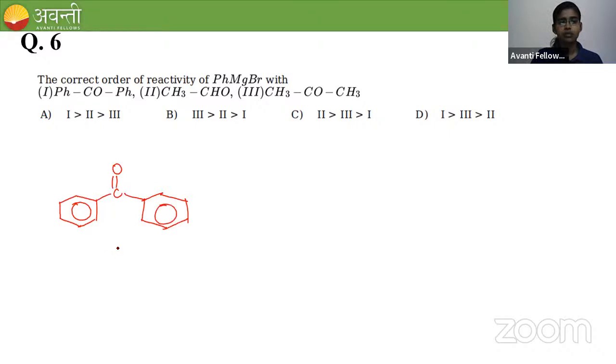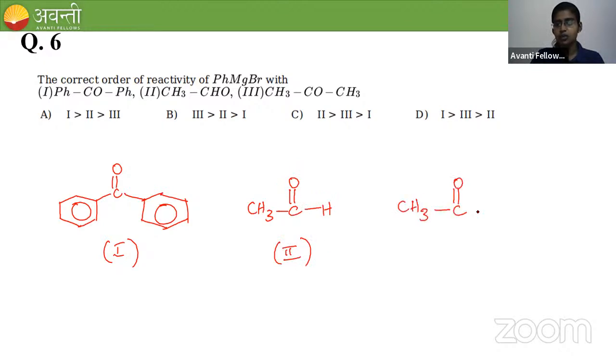And what is compound number 2? It is CH3, C double bond O, H, ethanal. This is compound number 2. And compound number 3 is CH3, C double bond O, CH3. It is propanone.